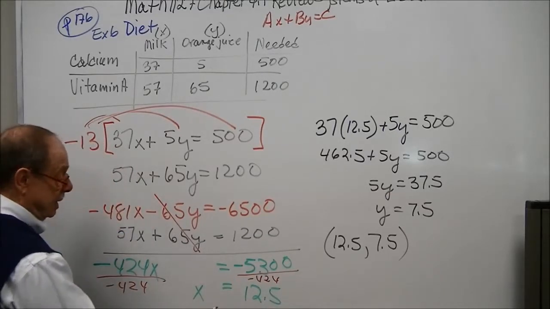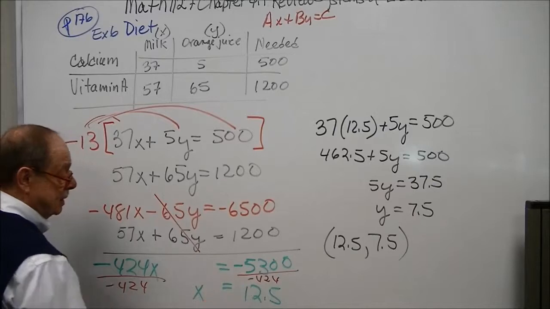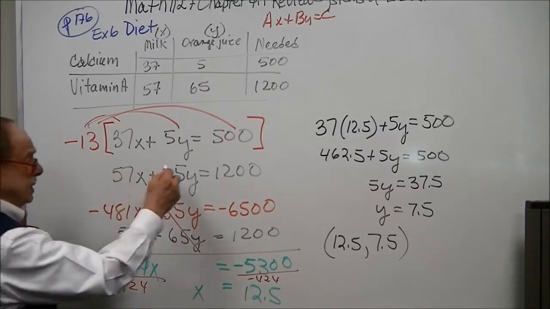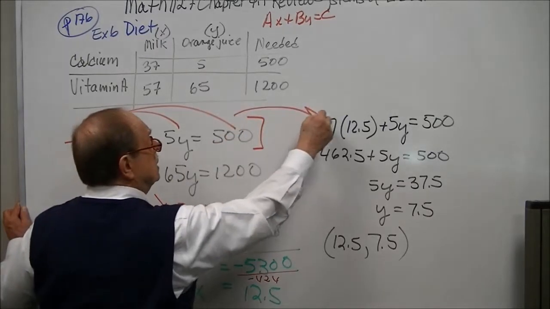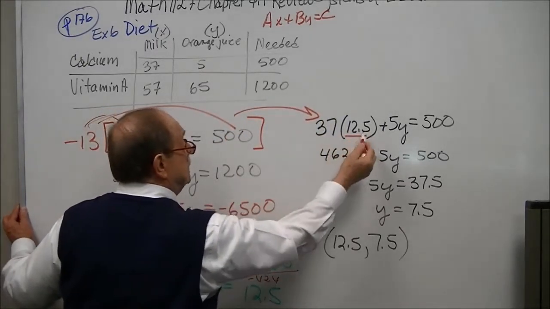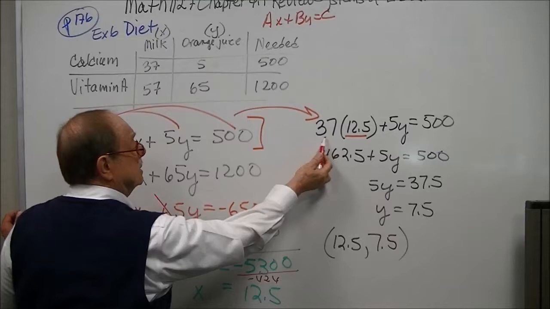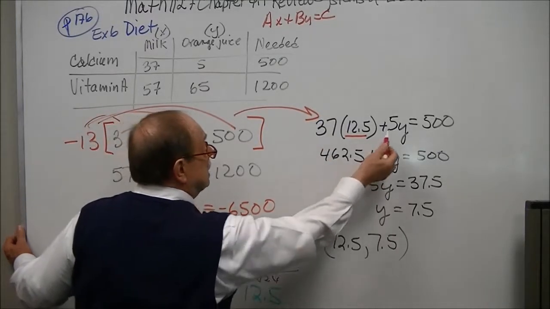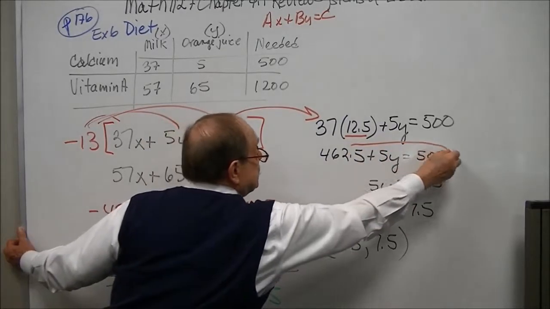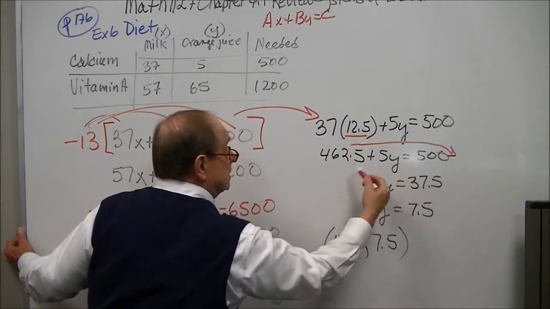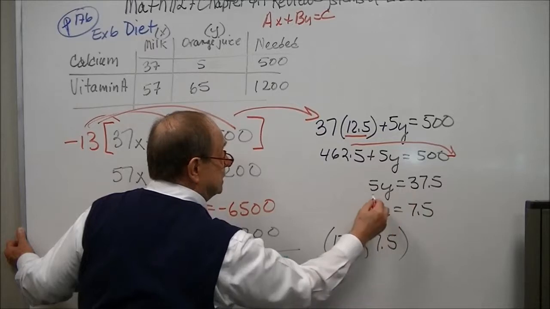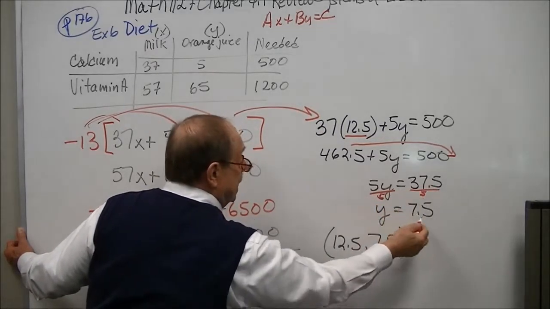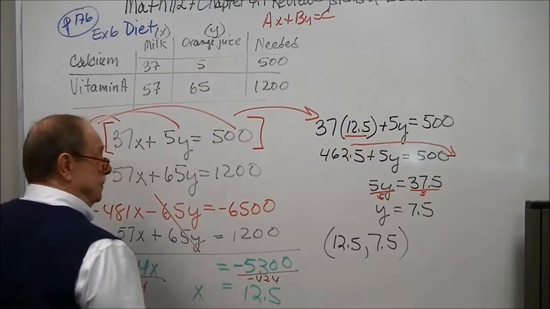And using our calculator, we get x equals 12.5. I then use the original first equation, put my 12.5 for x, got a value for x here, transpose this, subtracted that from both sides, get this, divide by 5, y is 7.5.